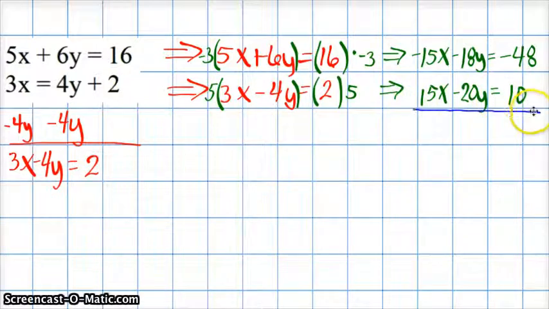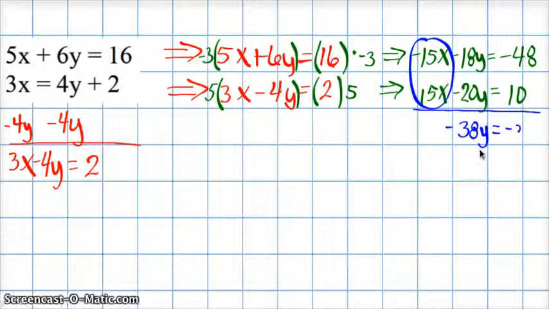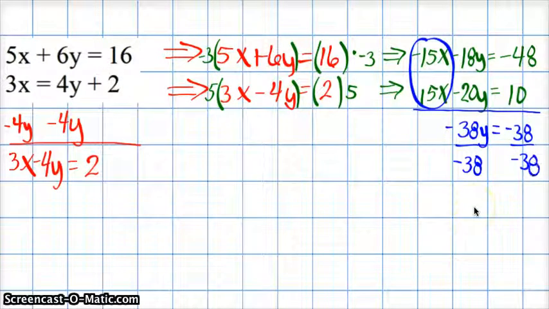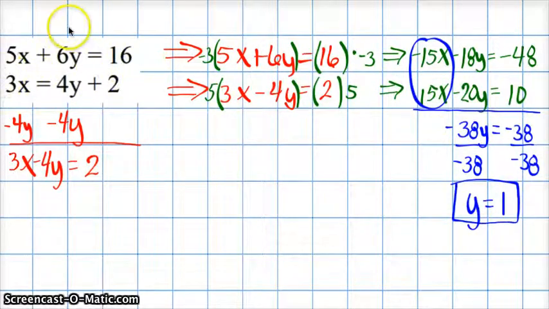Now when we combine these equations using elimination method, we have our opposites make 0. We're left with the opposite of 38y's equals -38, simply solved by dividing both sides of our equation by -38. We're left with y equals 1. Going back to our original equations, the ones that we never touched, we would substitute in place of y.